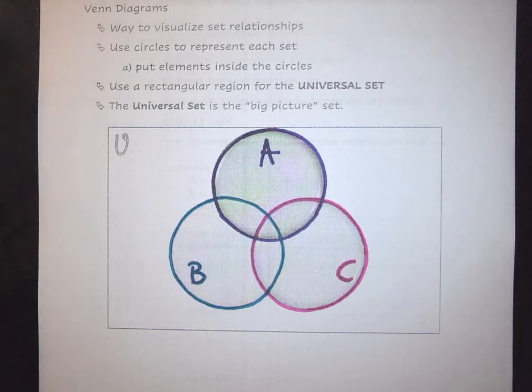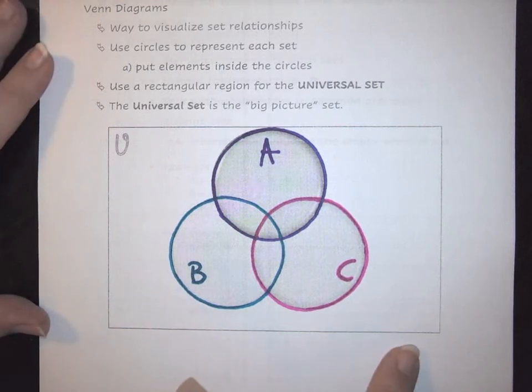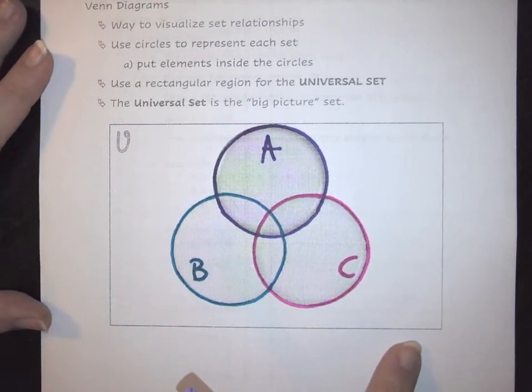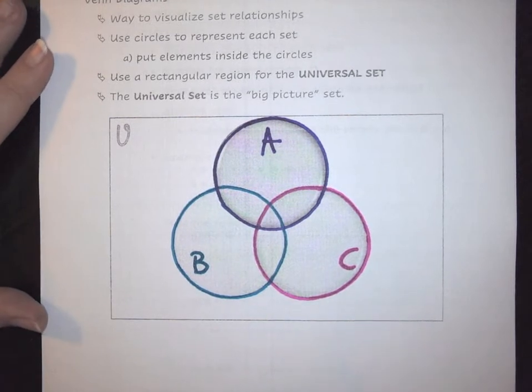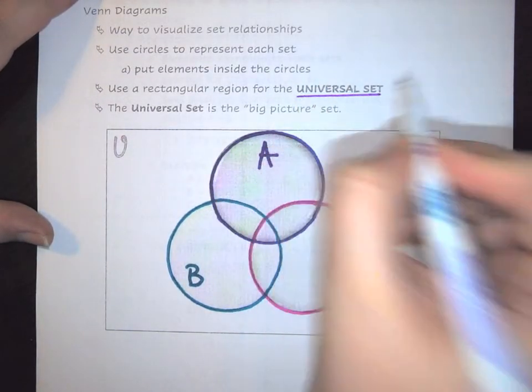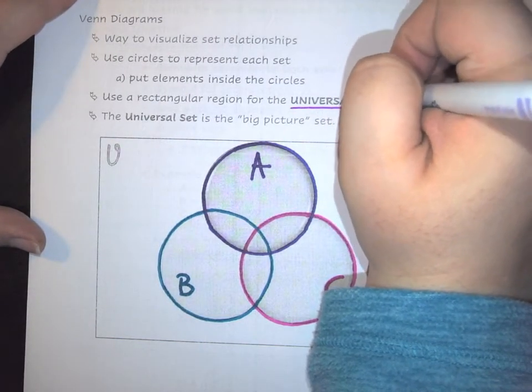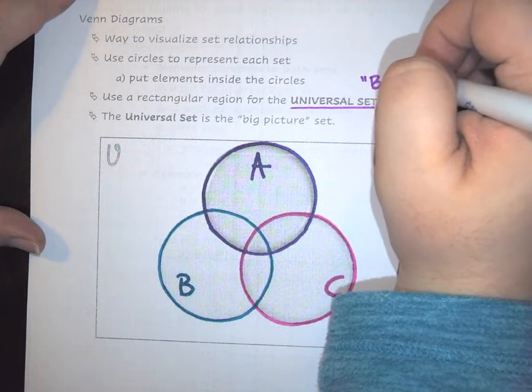With that, we always put a rectangular region around the outside of our Venn diagrams, like you can see here. This region represents the universal set. It's kind of like the big picture, the big idea.